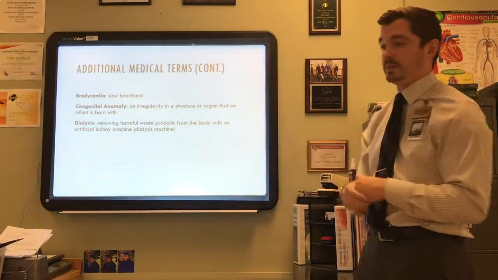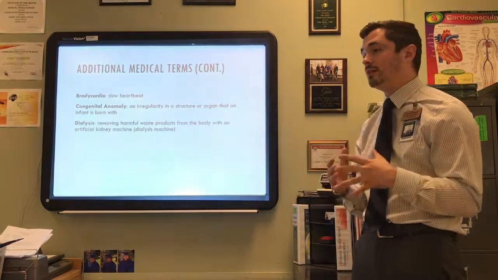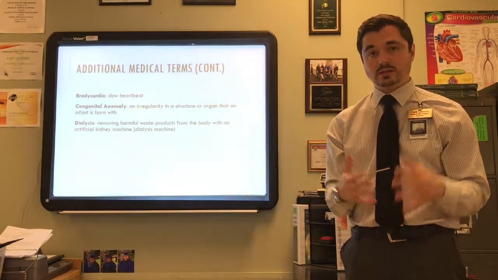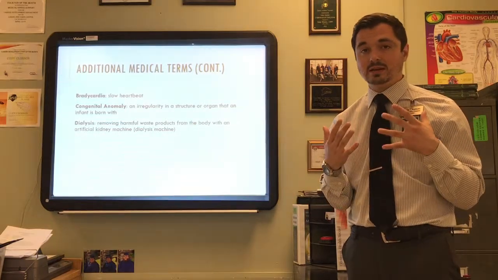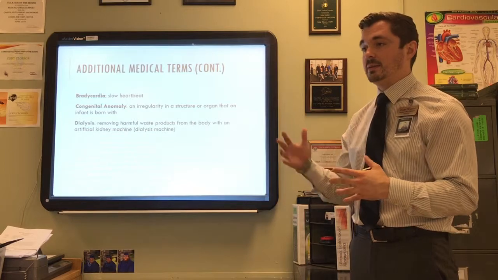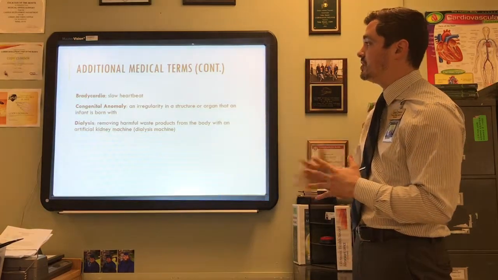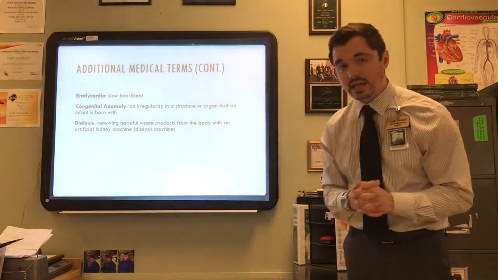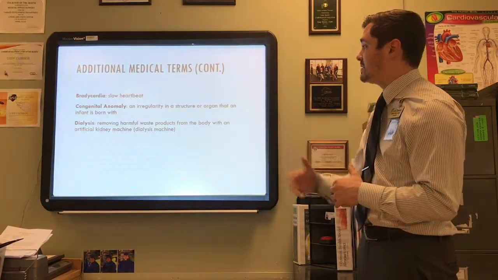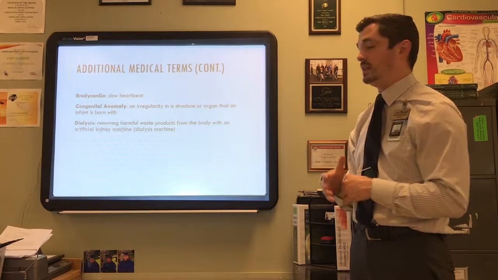Congenital anomaly. Okay, a congenital anomaly is an irregularity in a structure or an organ that an infant is born with. So if they were born with some sort of deficiency or defect, that is a congenital anomaly. Dialysis is removing harmful waste products from the body with an artificial kidney machine.